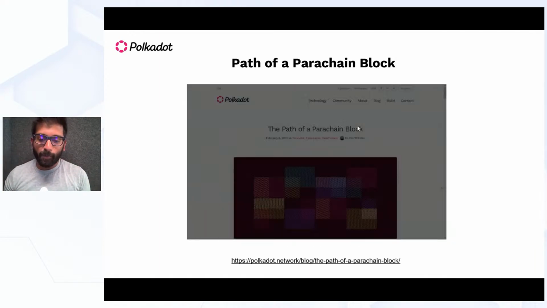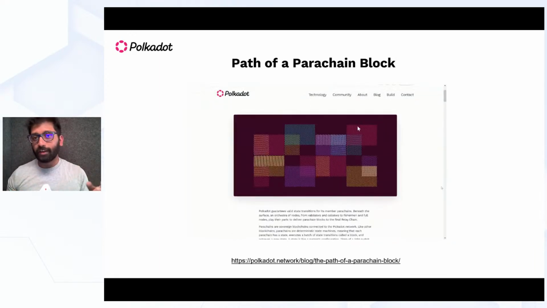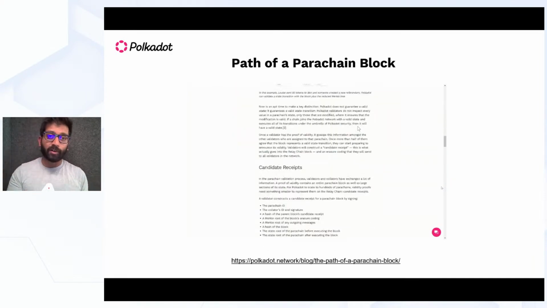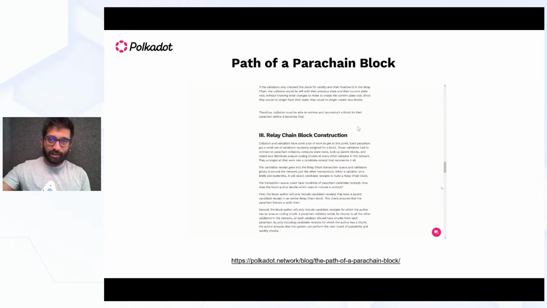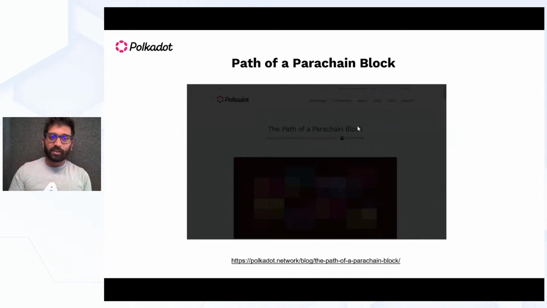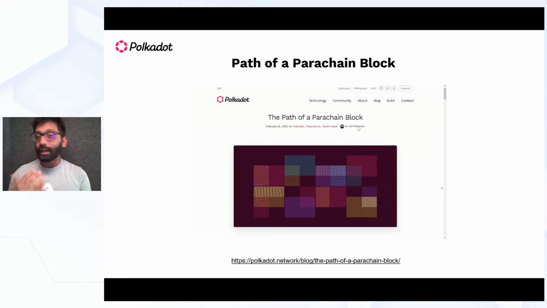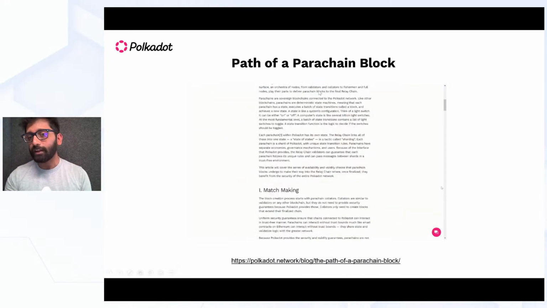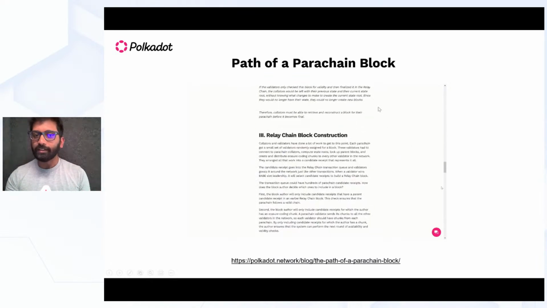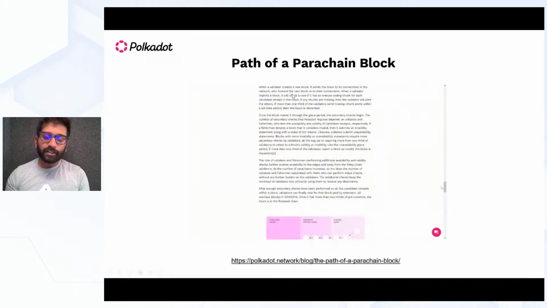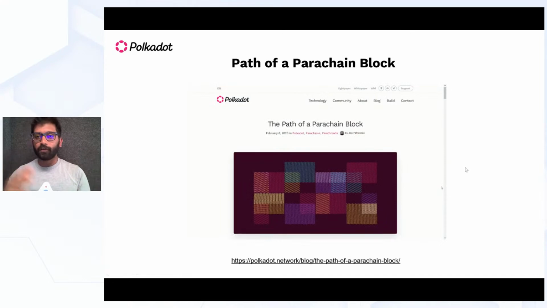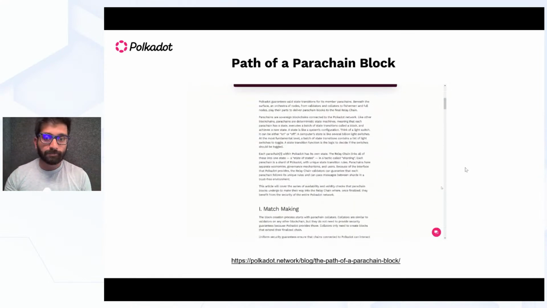So that's how the relay chain state is not bloated. The parachain blocks in themselves are not included on the relay chain. They are added on top of the parachain's blockchain, and the relay chain just holds that candidate receipt. So if you're interested in diving deeper into those concepts, I suggest this article called Path of a Parachain Block. It gives you a very good overview of how all of this happens.